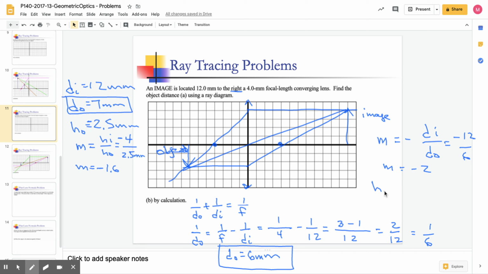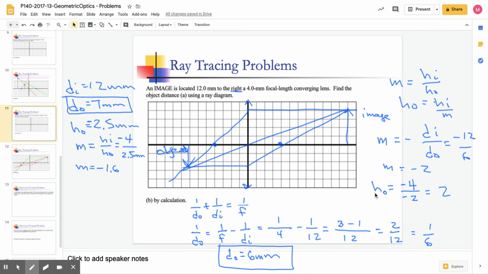And then if I want to calculate h0, the height of my object: my magnification is equal to hi over h0. So h0 is going to equal, cross multiplying and then dividing, hi over m. So hi is a negative 4, and my magnification is a negative 2, so I get h0 is 2.